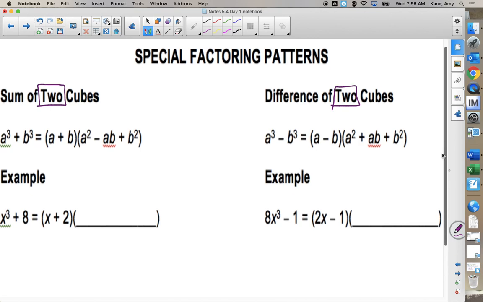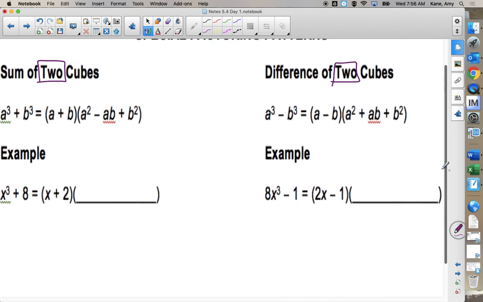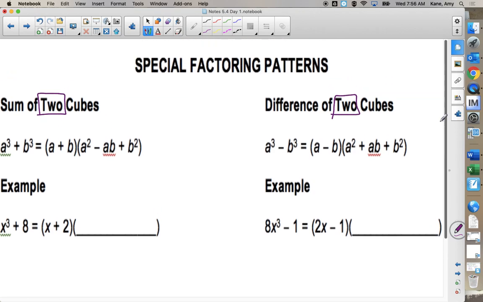So the pattern, we like to use the word soap to help you remember the pattern. I know it seems weird to use the word soap. But soap helps us remember the signs in between the letters. So the S stands for the same sign. So that means if I start with a plus, my first sign should be a plus.